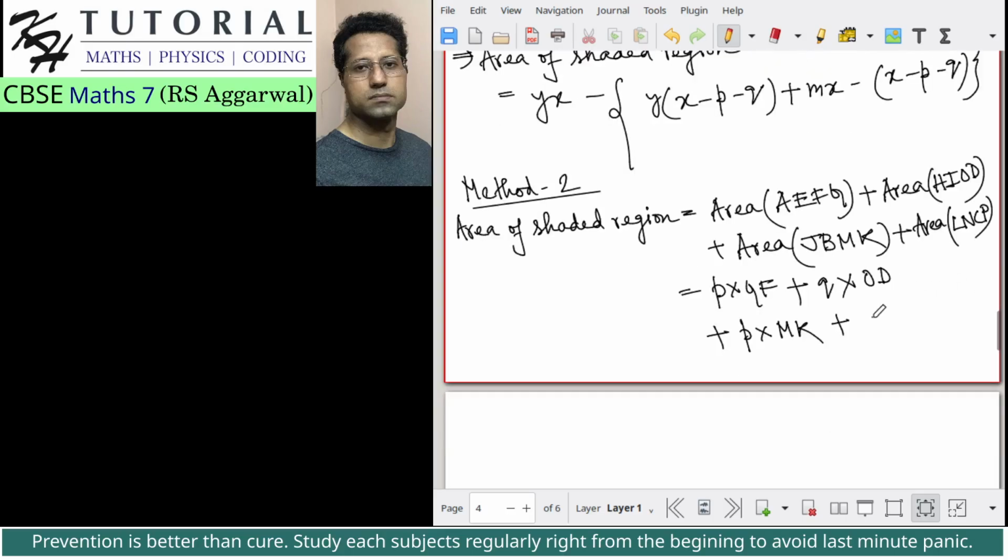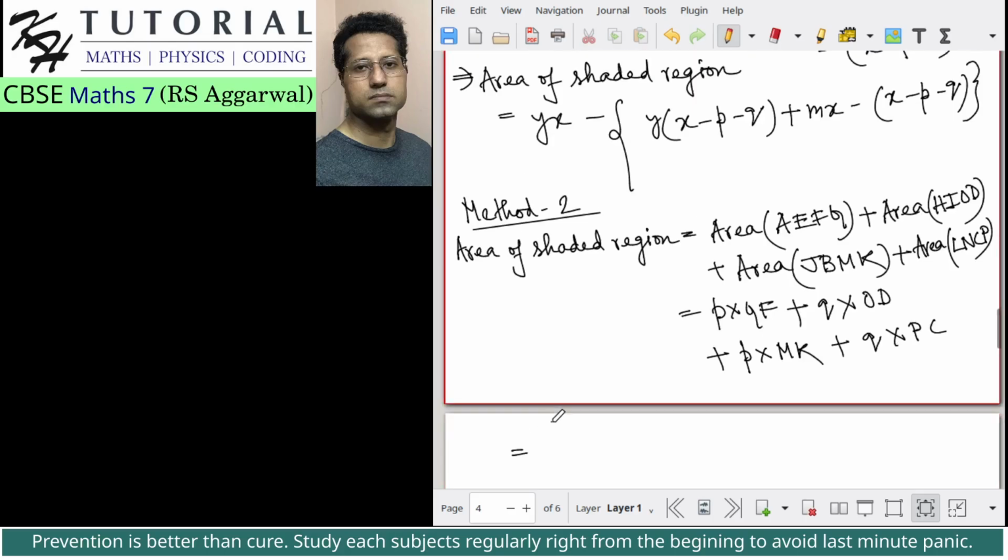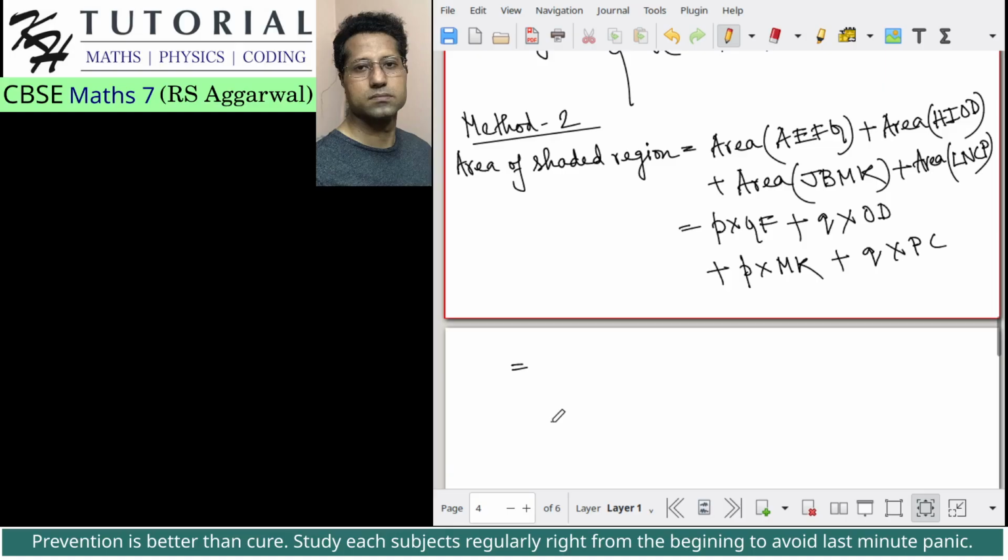Now, let me simplify this further to see if eventually I can find the value. If I consider the first and the third term and take P common, I have P multiplied by GF plus MK, plus Q multiplied by OD plus PC.